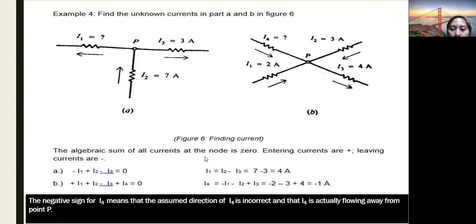To solve this now, I1, because of transposition, is I2 minus I3. So it's 7 minus 3 equals 4 amperes.